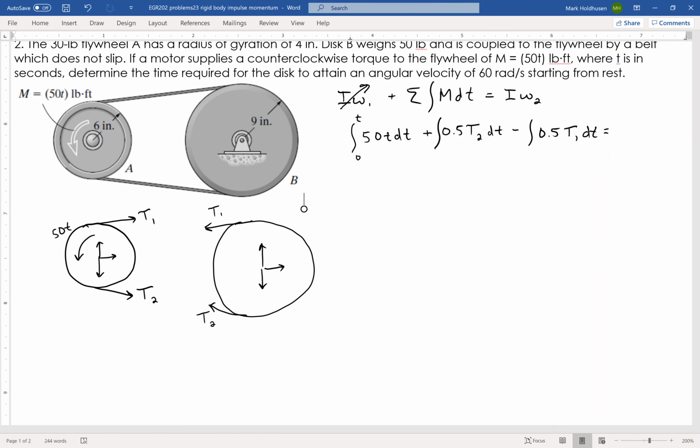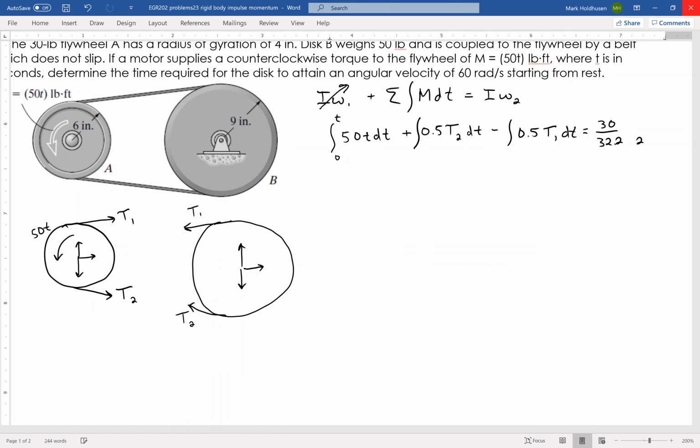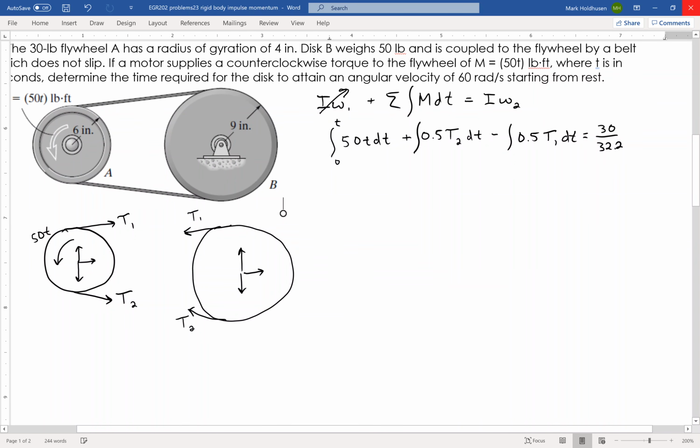Now, I for A is just going to be its mass, so 30 divided by 32.2, times the radius of gyration, which is 4, but I want that in feet, so I'm going to divide it by 12, squared, times omega 2. Let's take omega 2 and find it, because I want omega B to be 60.